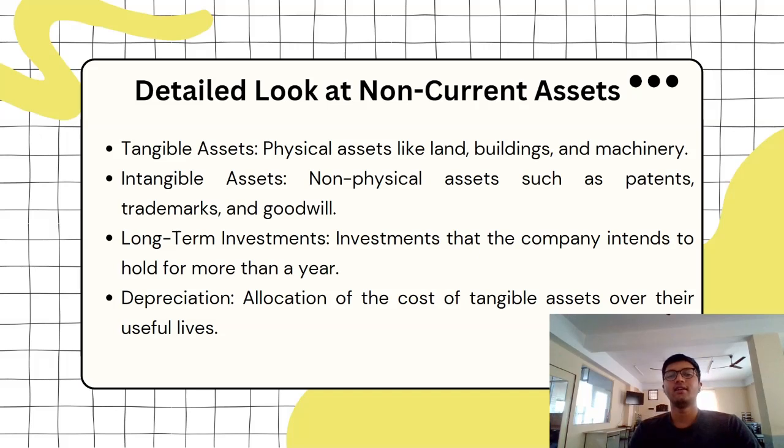So now a detailed look at the non-current assets. These are assets like patents. They can be tangible, they can be intangible. Intangible assets are like the goodwill of a company. For example, I have acquired a particular company, let's say Haldiram, at a valuation of 1 lakh crore, but there's another buyer who wants to buy Haldiram.